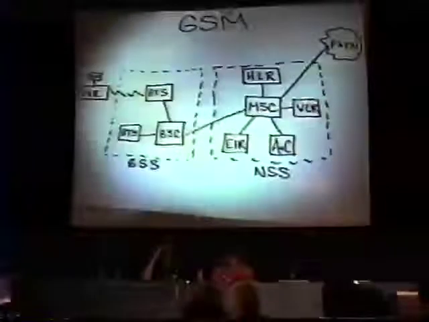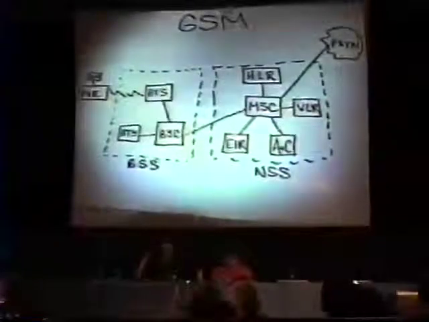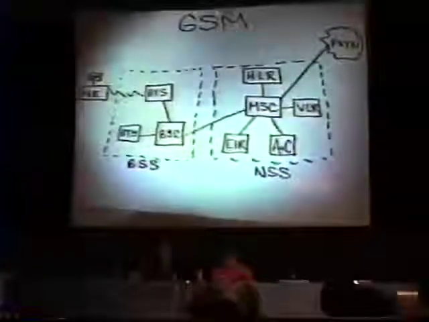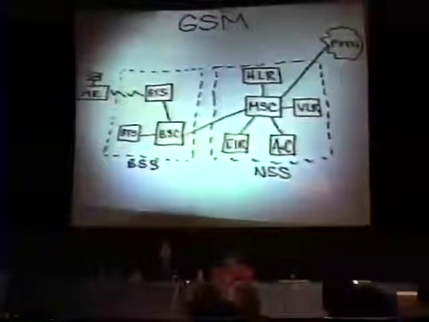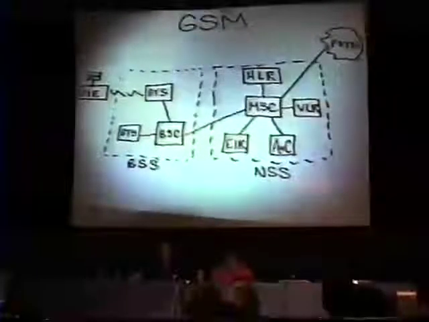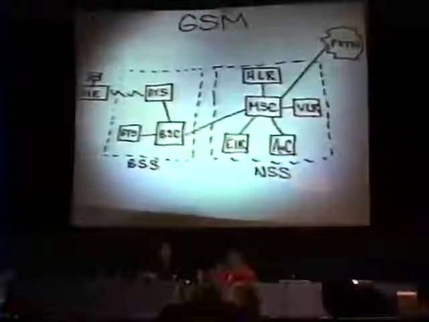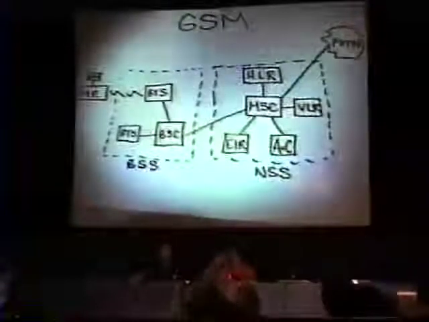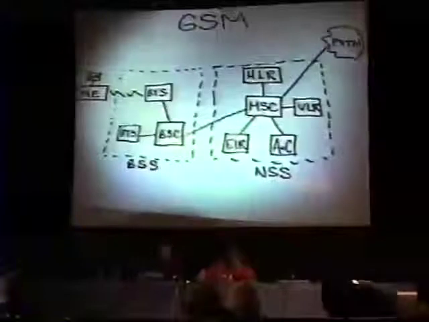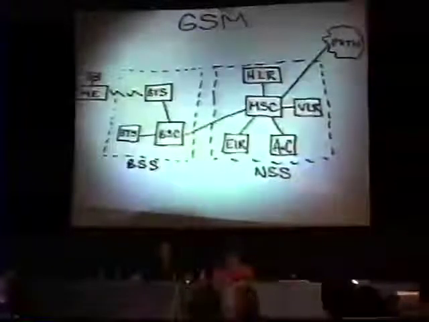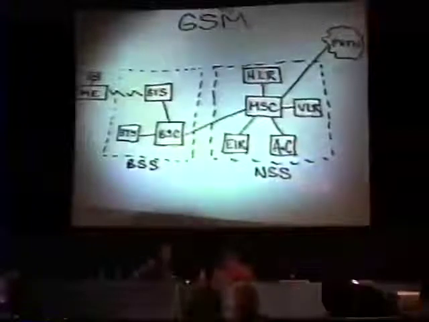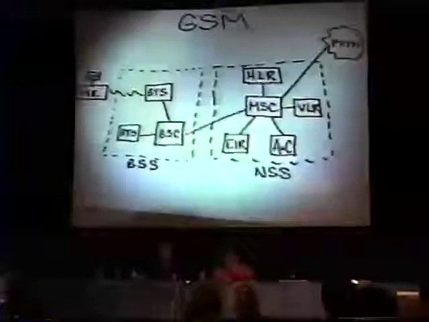It contains all the information about all the subscribers that are valid for that particular network, whether it be Omnipoint, Sprint Spectrum, Pacific Bell Mobile, and so on. All the subscribers' information is stored in the HLR, and by information I mean the secret information that's also stored on the SIM cards.